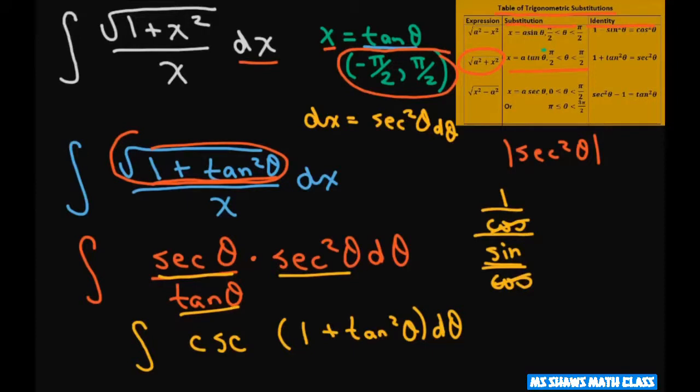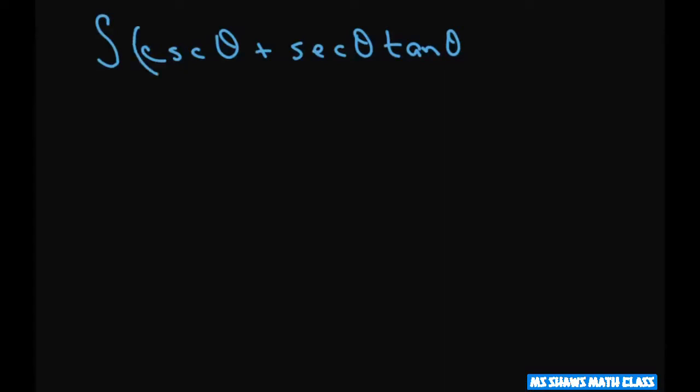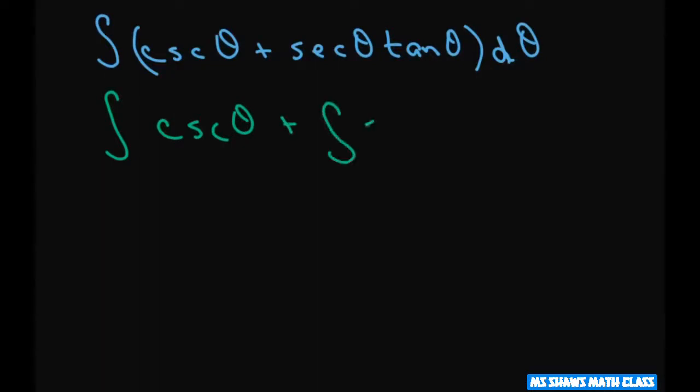So when you distribute this, what you're going to get is the integral of cosecant theta plus secant theta tan theta d theta. Now let's break this up: the antiderivative of cosecant theta plus the antiderivative of secant theta tan theta d theta.